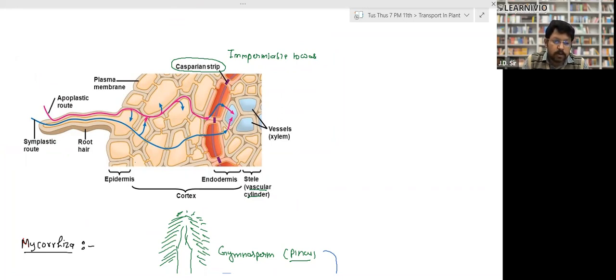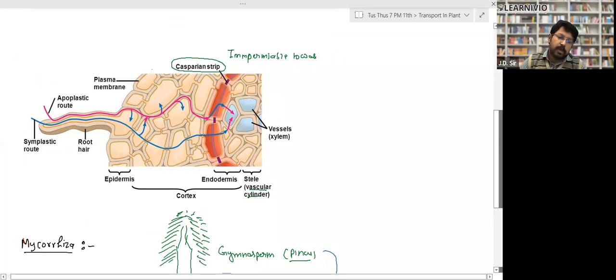When they absorb the water, water moves between the cells, and there are two paths of water, this pink color and this blue color. Whenever the water moves in the space between the cells, that is called apoplastic pathway. So this red color pathway is apoplastic pathway. Water does not enter inside the protoplasm or the vacuoles.